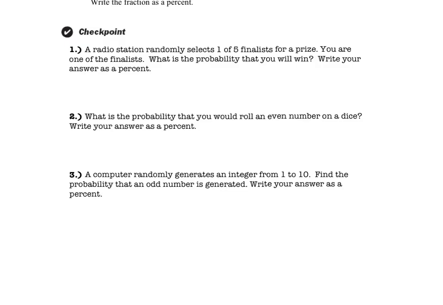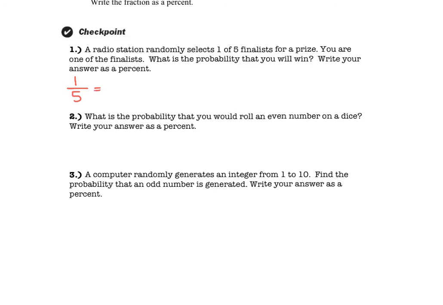Let's try another one. Number 1 says a radio station randomly selects 1 of 5 finalists for a prize. You are one of the finalists. What is the probability that you will win? Write your answer as a percent. How many desired outcomes do we have? That would be 1, just that you win. How many possible outcomes? There are 5.